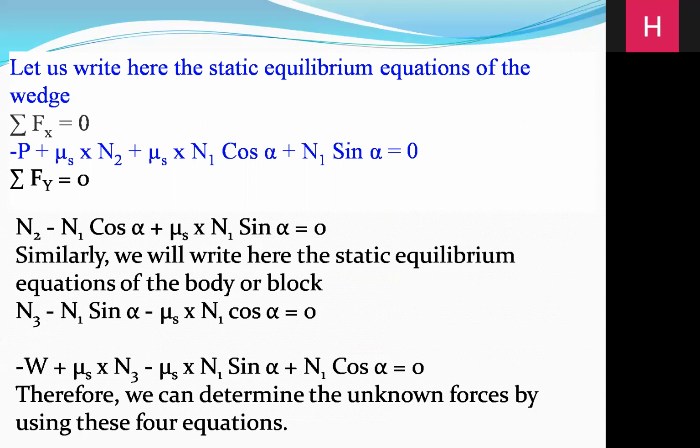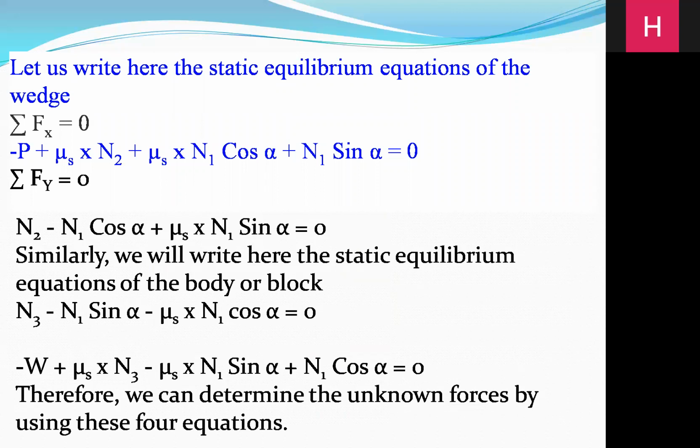Coming to the vertical component, sigma Fy equals 0. The equation we obtain is N2 minus N1 cos alpha plus mu s into N1 sin alpha equals 0. Similarly, we write the static equilibrium equations for the body or block: N3 minus N1 sin alpha minus mu s into N1 cos alpha.